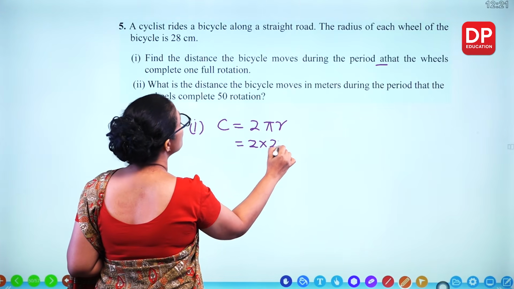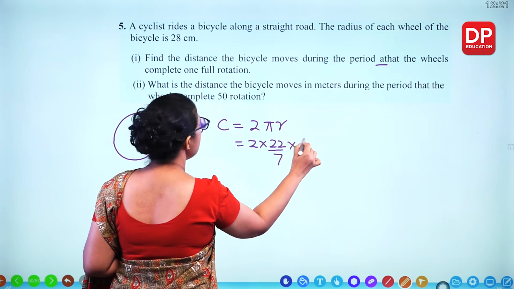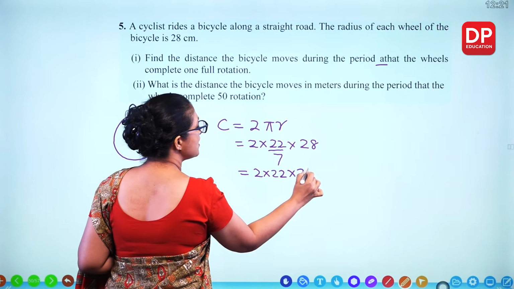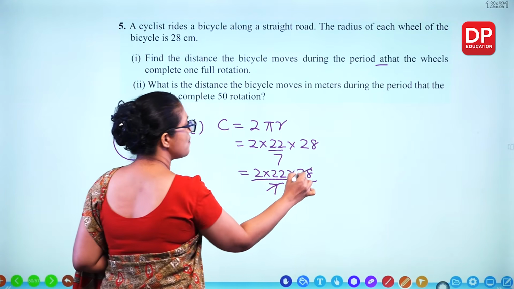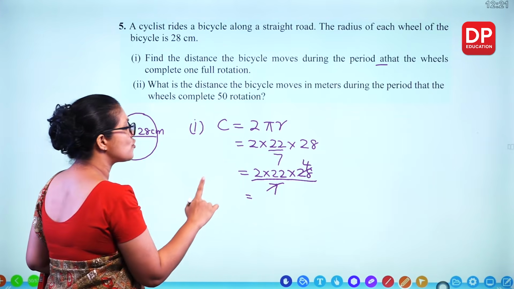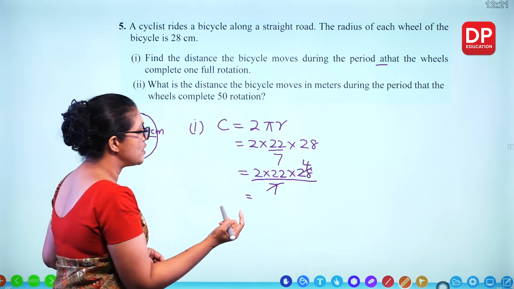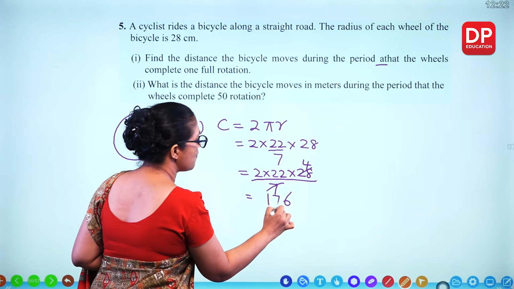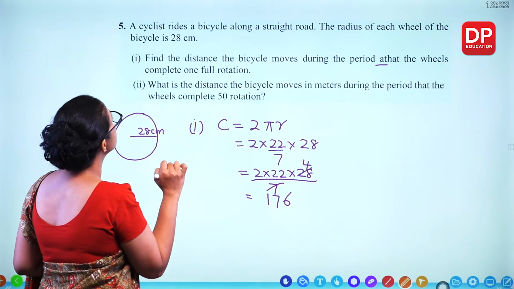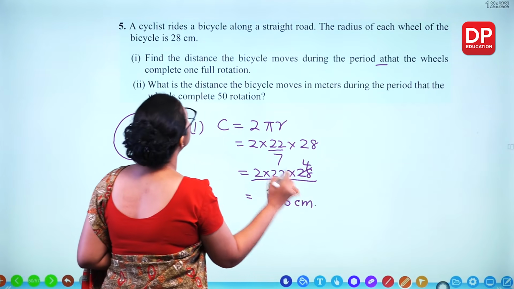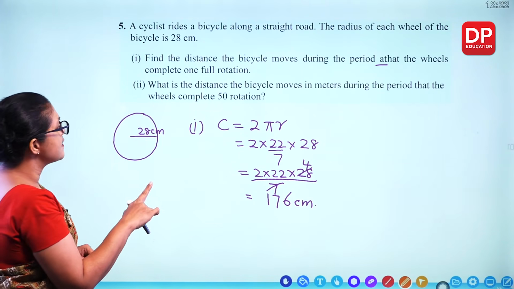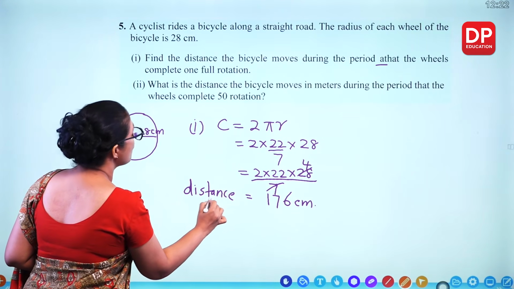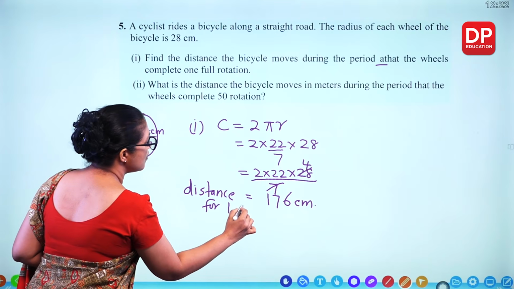We take 22 over 7 for pi. Radius is 28. So 2 times 22 times 28 over 7. 7 times 4. So you get 4 times 2, 8. 8 times 22. So 16 and 16 plus 1, 17. 176 centimeters is the circumference. That's the distance for one full circle.